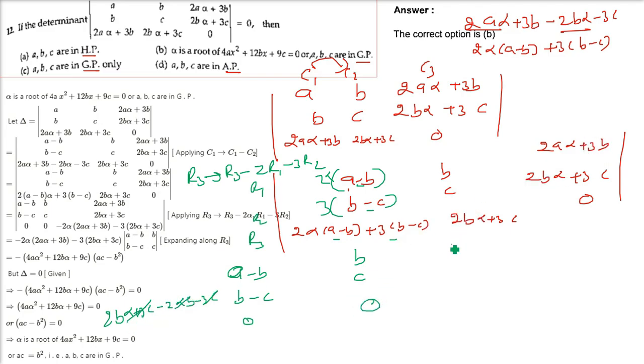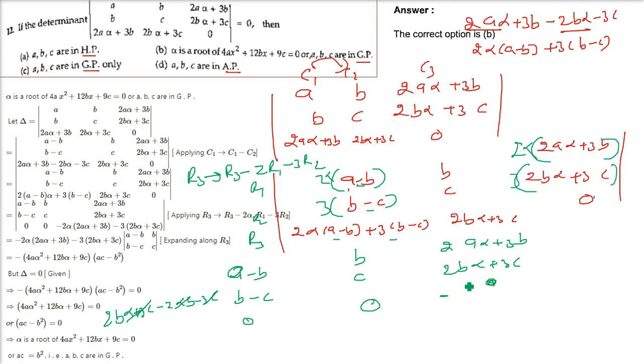Now this is 2A alpha plus 3B and you get 2B alpha plus 3C and 0 minus, now this, because you have to subtract it. So you get all of it, the first two elements of the third column in negative.